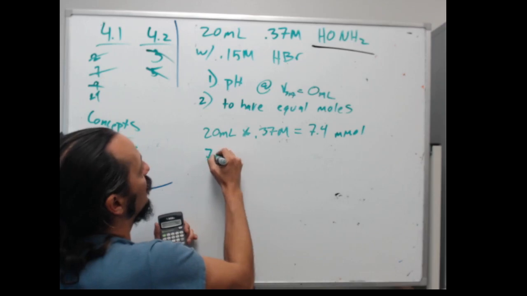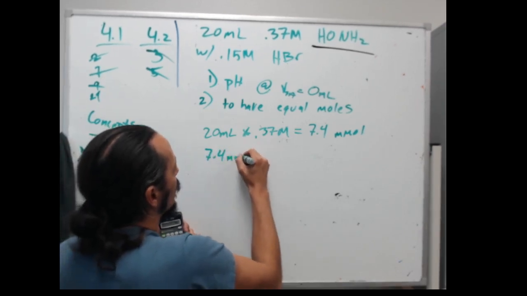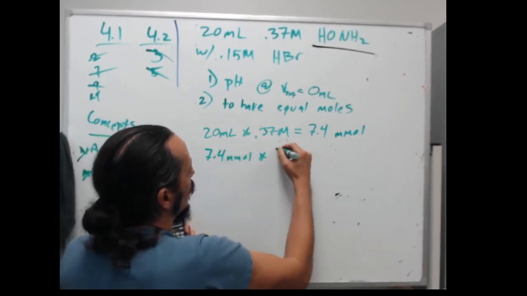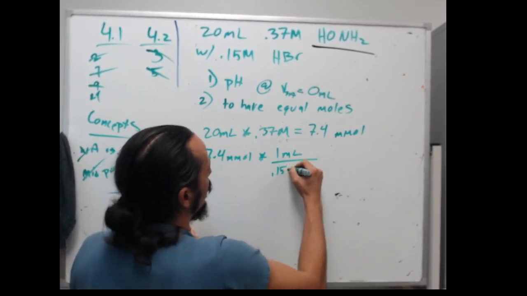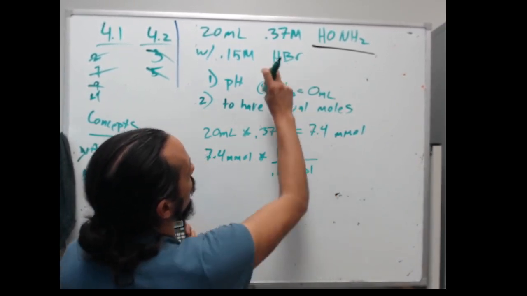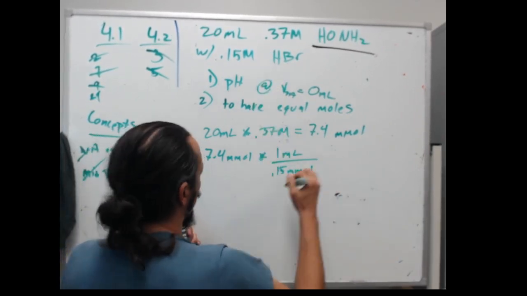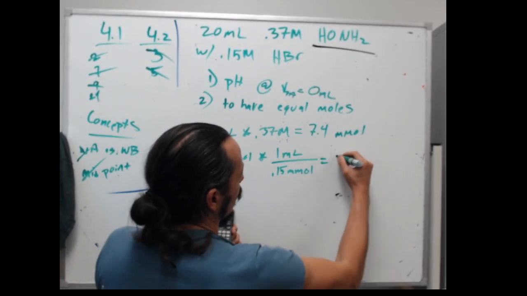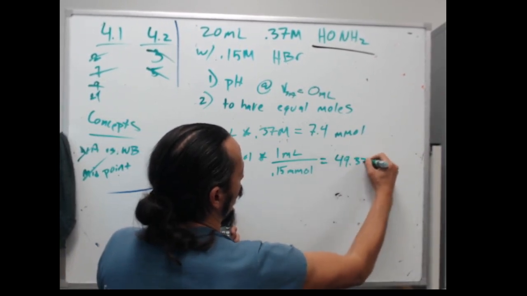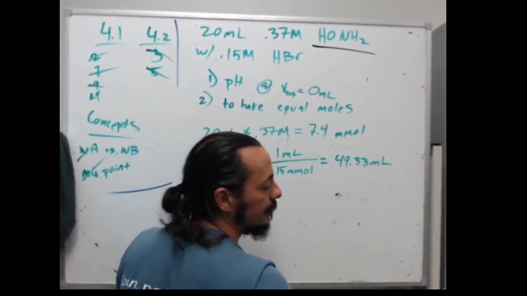Then I do my 7.4 millimoles times 1 milliliter per 0.15 millimoles, that's my concentration of HBr. Divided by 0.15, 49.33 milliliters.